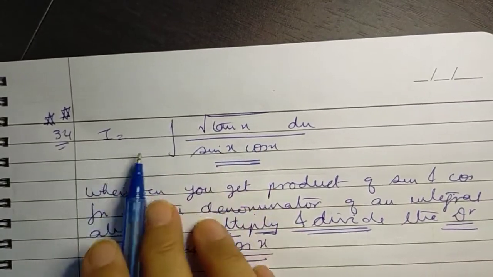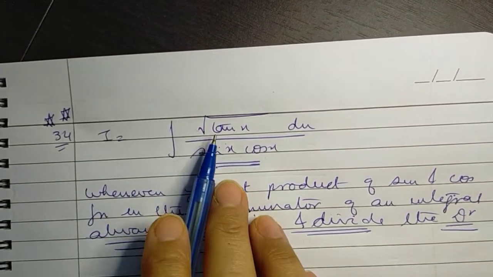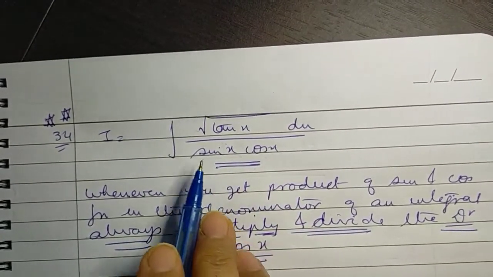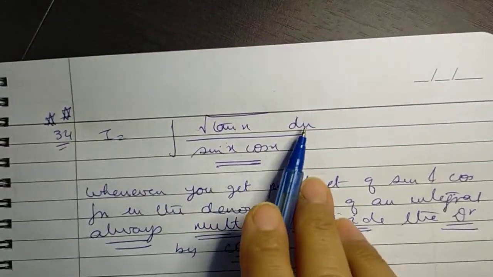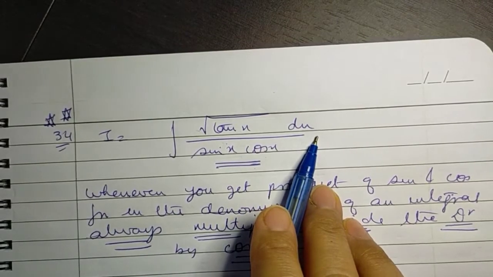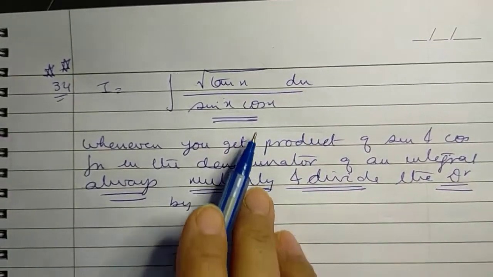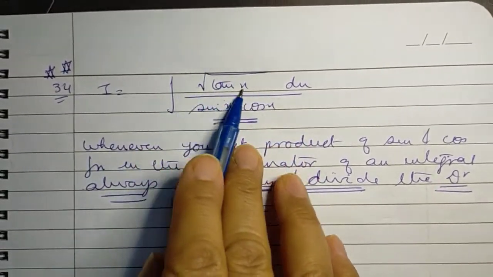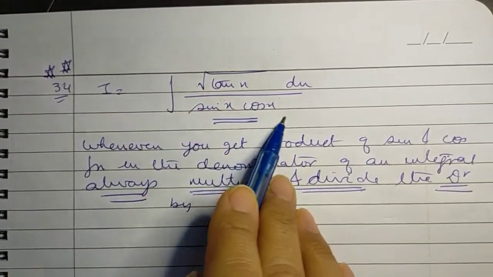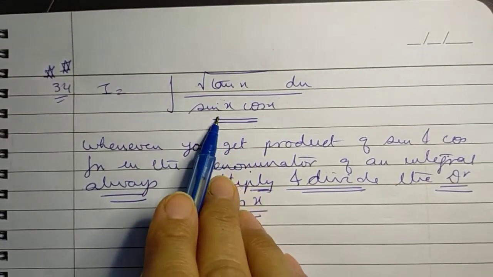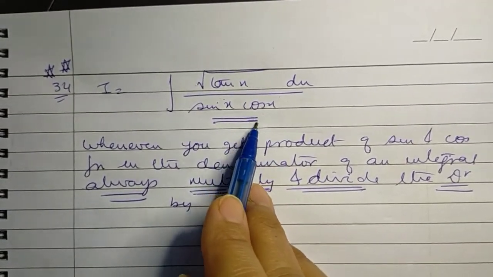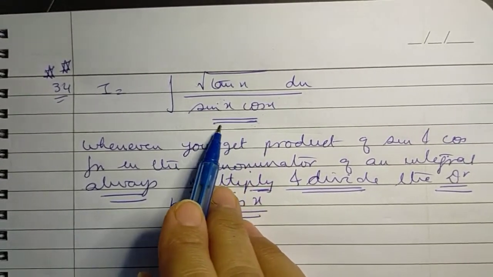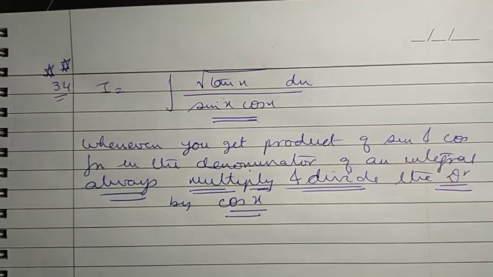What have we seen? We have got a question where the integral is root of tan x upon sin x cos x into dx. Basically what we have to be bothered with is the product of sine and cos in odd powers of x.